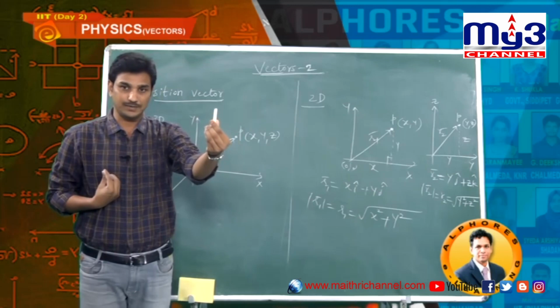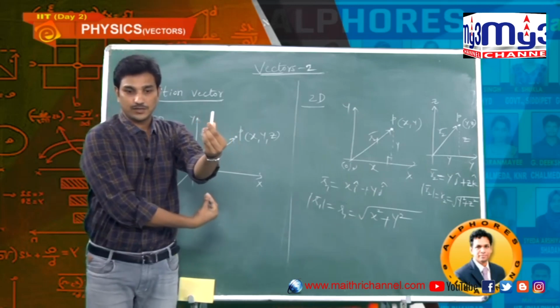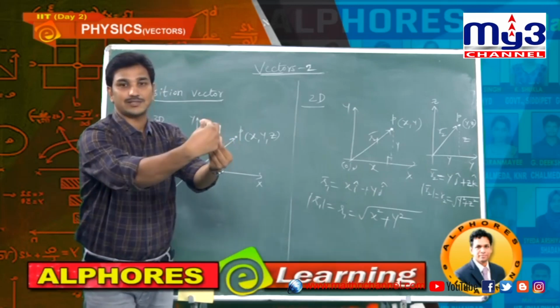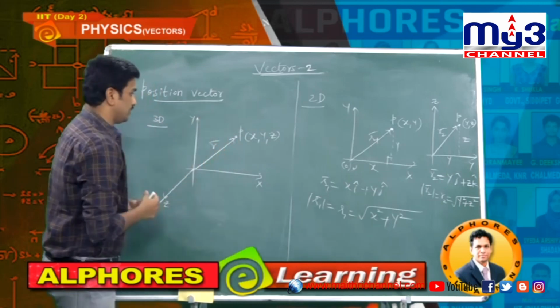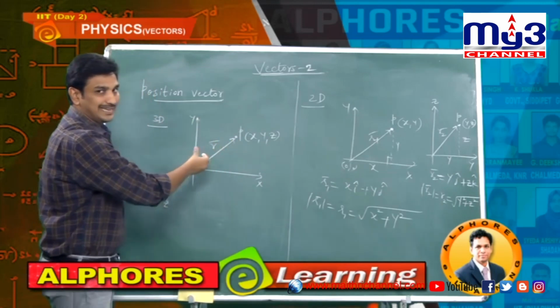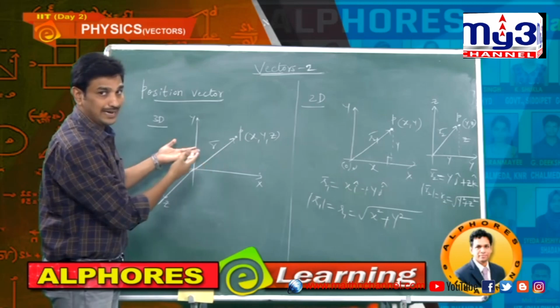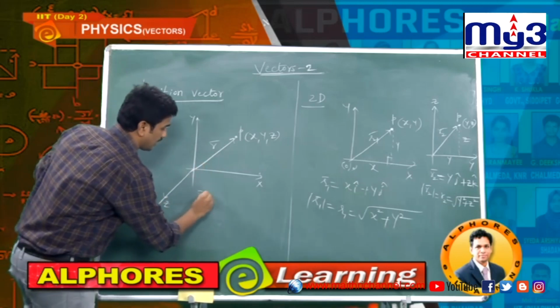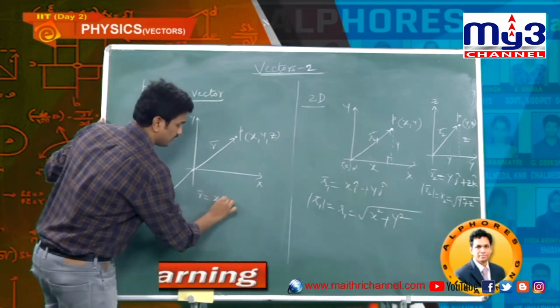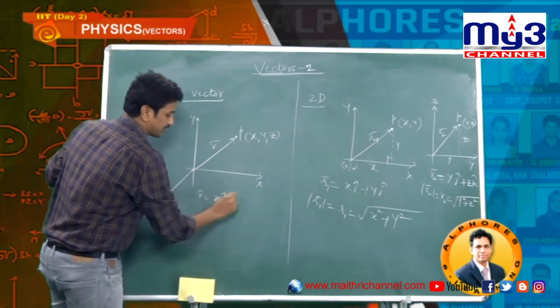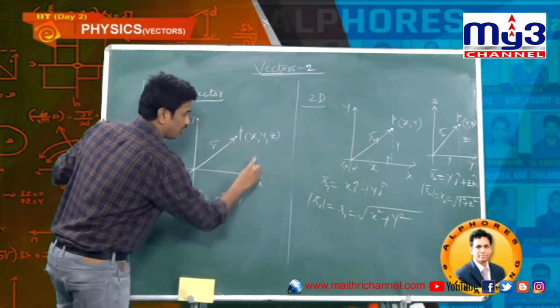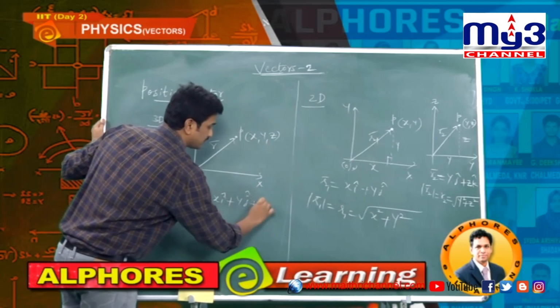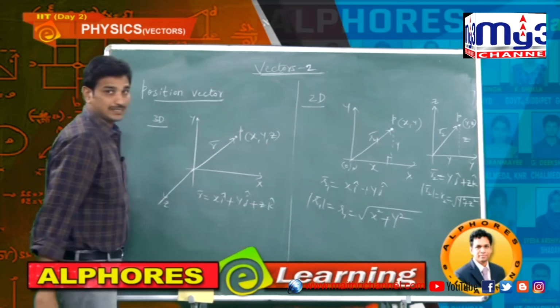Once again, origin, x axis x, y axis y, z axis z. Because 3D I cannot show you, 2D I can show you. R bar is equal to x along x axis, y along y axis, z along z axis.